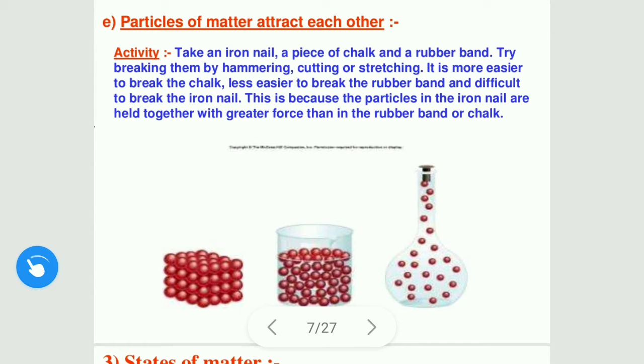We will observe that chalk will be easy to break, and rubber band is also easier to break, but it is difficult to break the iron nail. Hence, we prove that solids have less particle space and their matter is attracted or bound to each other, while gases have more intermolecular space.